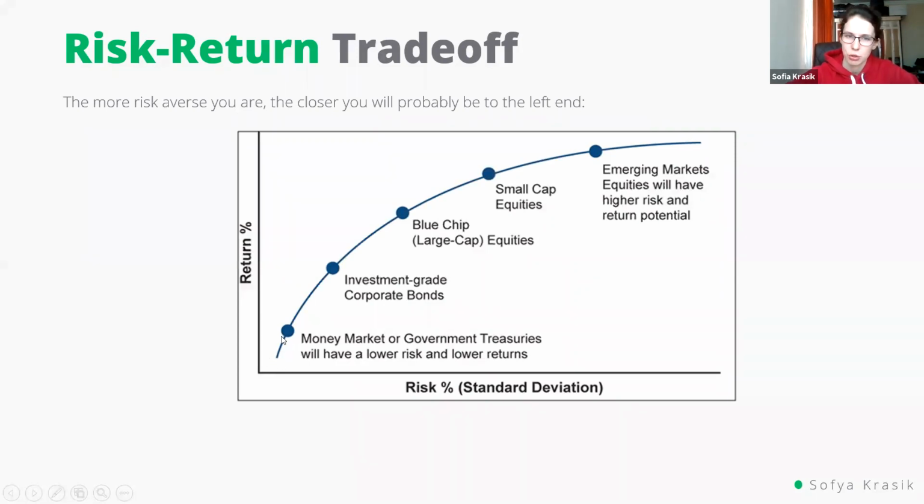those instruments from the left are more conservative, they have lower risk, and the safest instrument is usually considered government treasuries, government bonds, like in Russia it would be OFZ. Money market securities are just short debt instruments, like for less than a year.